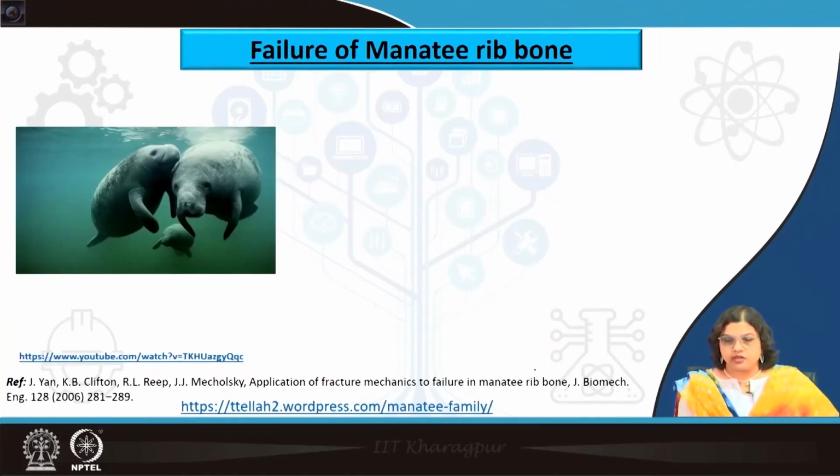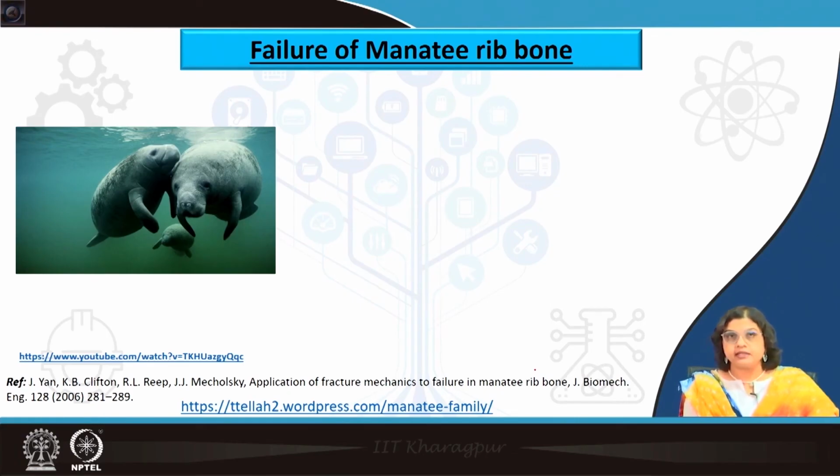Okay. So, let us move on to another real life example where the concept of fracture mechanics is very helpful. So, these animals here are known as manatee, also known as sea elephant, sometimes as sea horse. These are found in the Sea of Florida, and these are giant animals, very big, something like of the size of around 200 or 240, 250 centimeter.